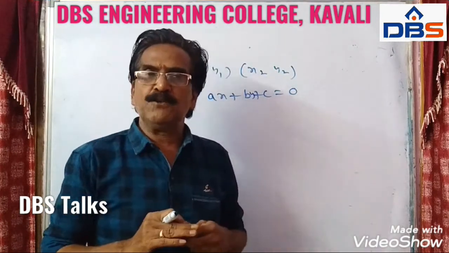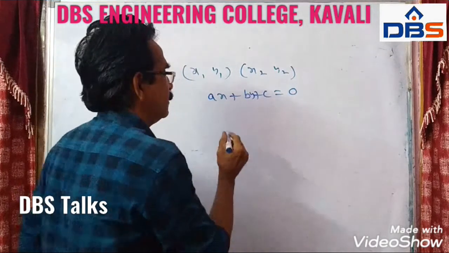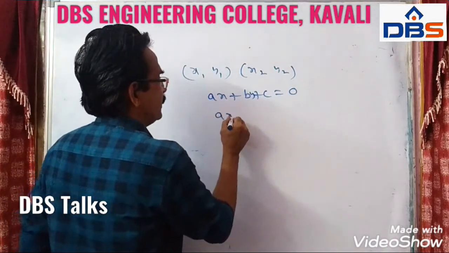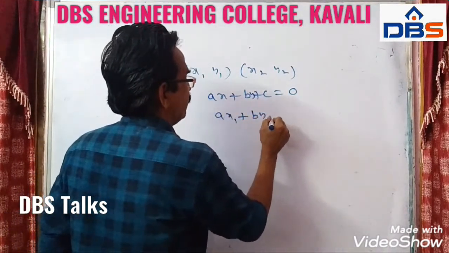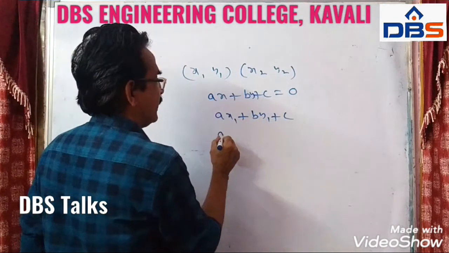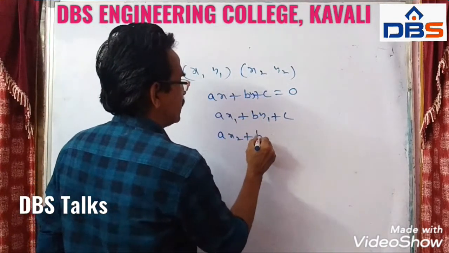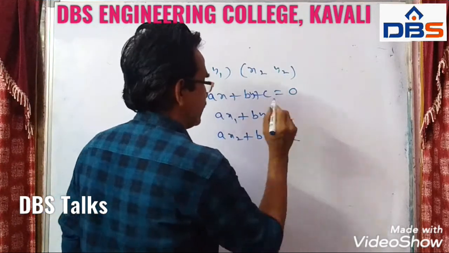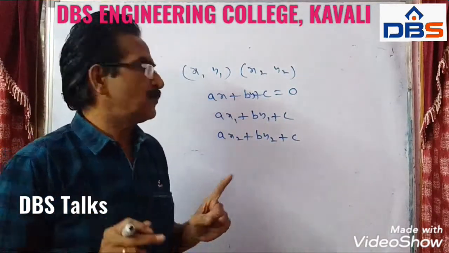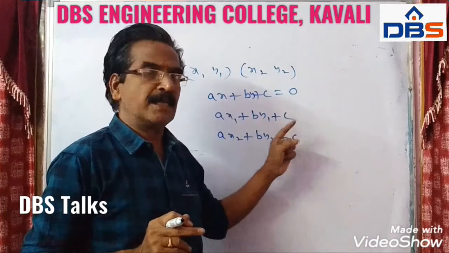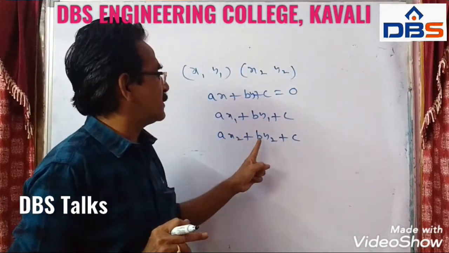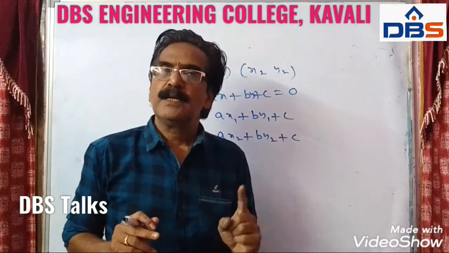You have to find the values of ax1 plus by1 plus c and ax2 plus by2 plus c.